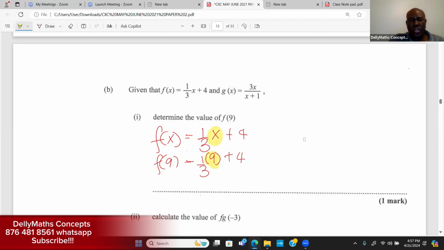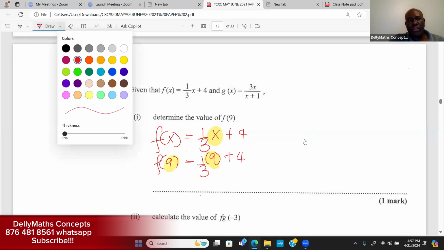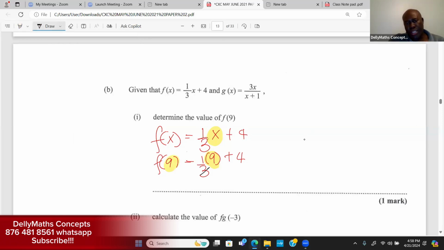So what we have to do is just work it down. For example, 3 into itself is 1, 3 into 9 is 3.